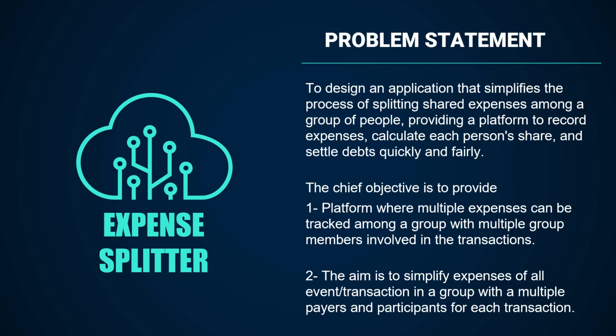Ultimately, these transactions should be simplified, and our primary aim is to generate a summary of simplification which shows which person in a group owes how much amount to which other person in a group. This equates to a real life app which we use on our phone, called Splitwise.